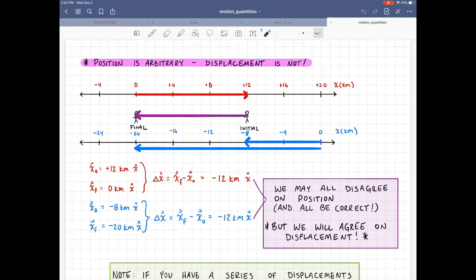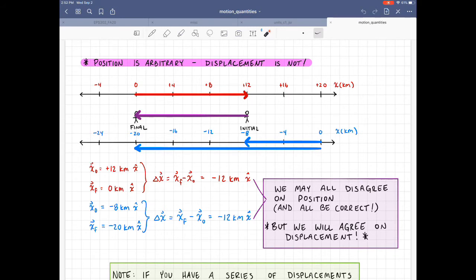And then at the end, here's the final location. In the red coordinate system, that final position is 0 kilometers. In the blue coordinate system, this location right here is negative 20 kilometers. So again, we disagree about the initial position, we disagree about the final position.